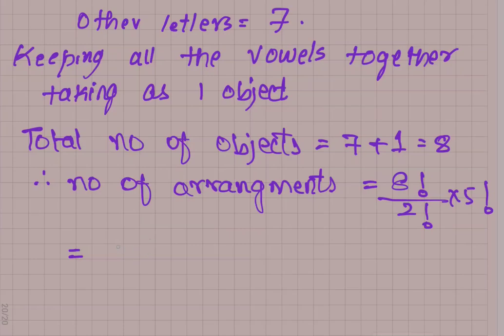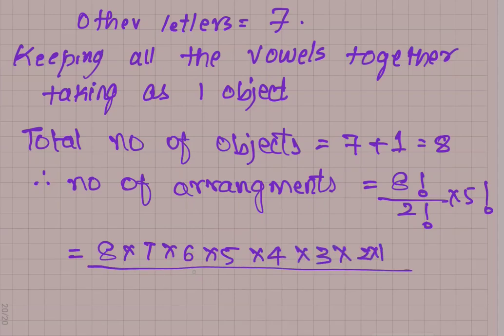By simplifying this: 8, 7, 6, 5, 4, 3, 2, 1 divided by 2 into 1 into 5, 4, 3, 2, 1.